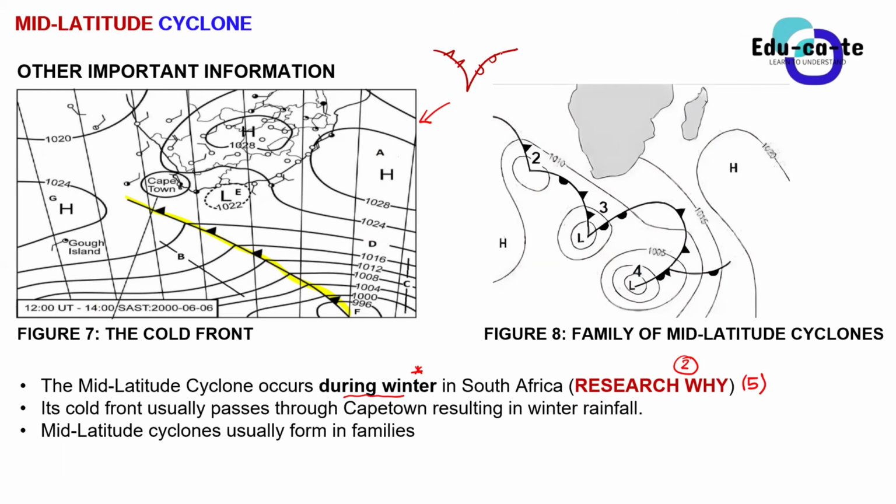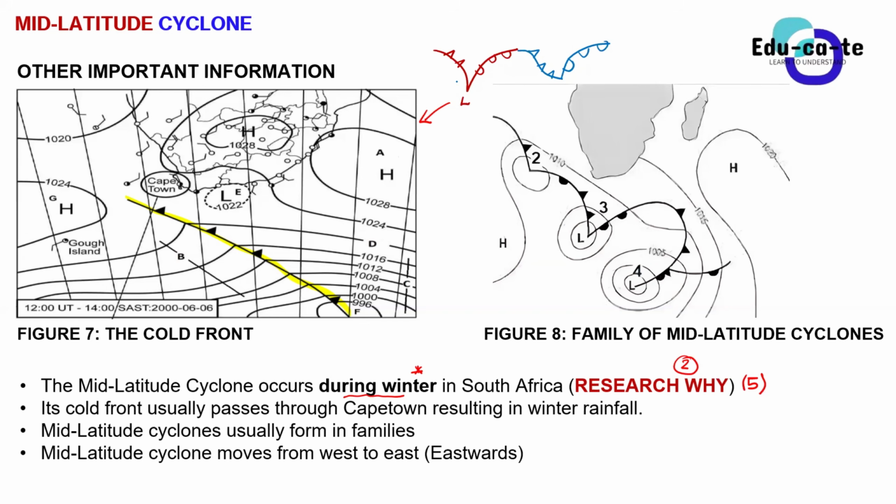No. A mid-latitude cyclone will be connected to another mid-latitude cyclone. So they actually walk in families. They form in families and they move in families. So you can have many mid-latitude cyclones walking together, connected together.